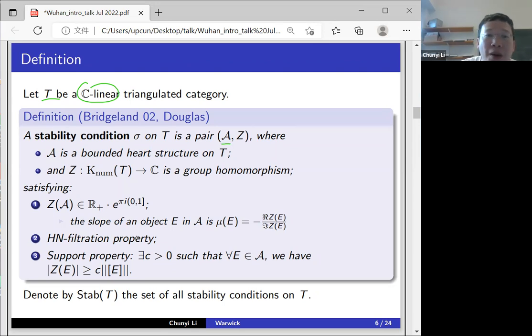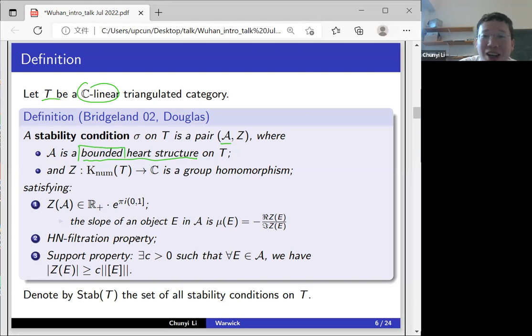One is the very classical stuff. It's the bounded heart structure. Here, by heart, I mean t-structure. I hope you already know this thing.